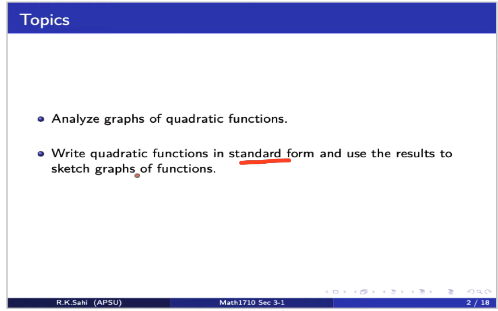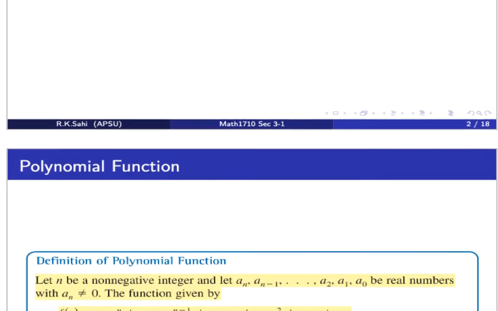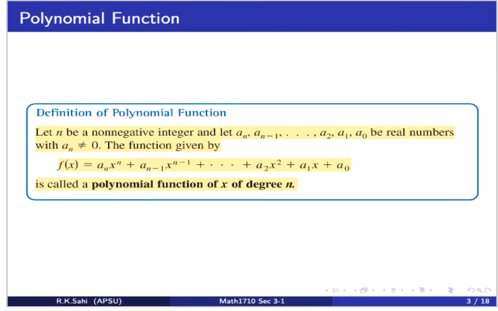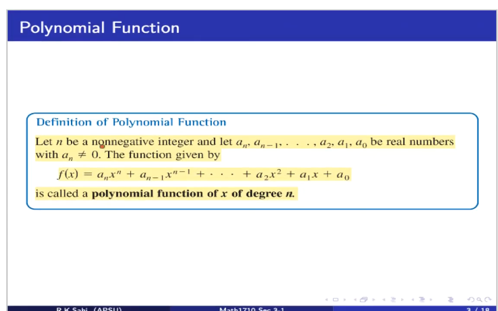So let's start with, what is a polynomial function? A polynomial function is a function which is given by this expression or equation, f(x) equals a sub n x to the power n plus a sub n minus 1 x to the power n minus 1, dot dot dot, plus a2 x squared plus a1 x plus a naught.